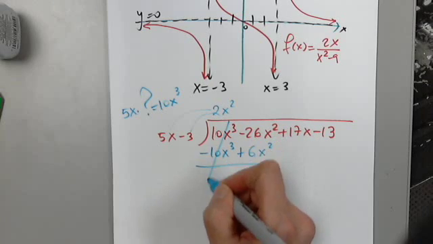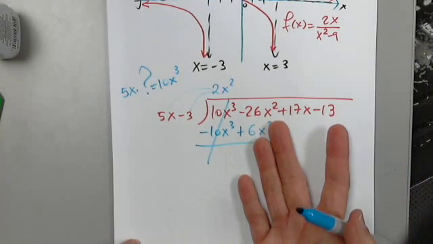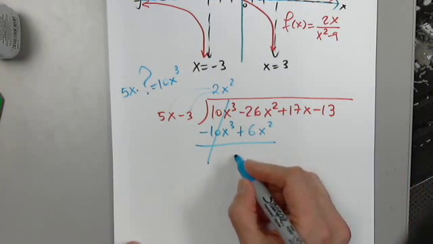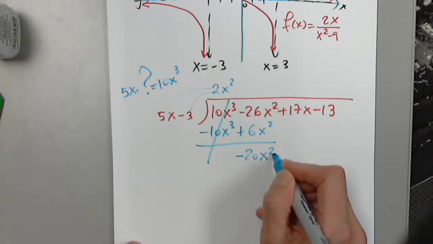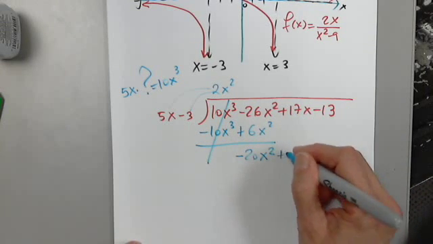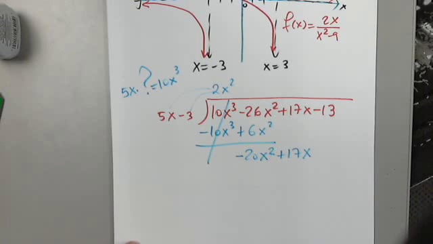Then I know that these two go away. I perform the operations I see, which gives us negative 20x squared, and plus 17x.